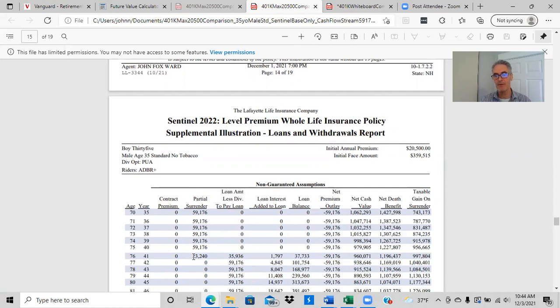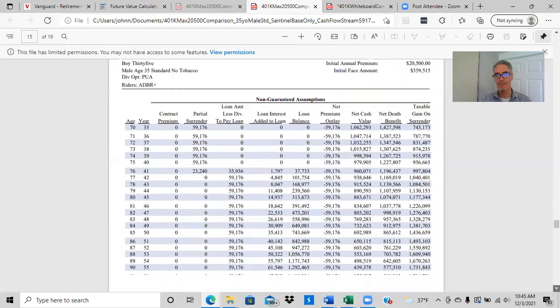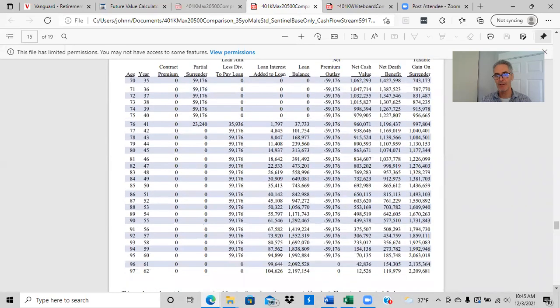Now, you don't have to pay these back because they're just using your net cash value as collateral. So initially, the first year, 76, you're taking part of your cost basis and then taking the rest in loan. It all adds up to this 59,176. And then we want to run this till you're 95 years old and be left with basically no money left in the policy.